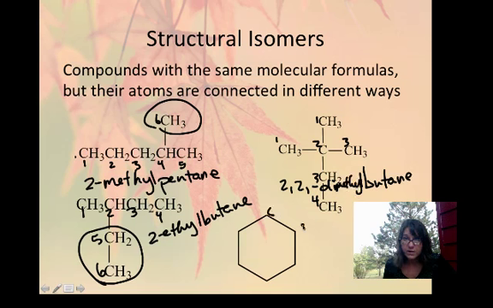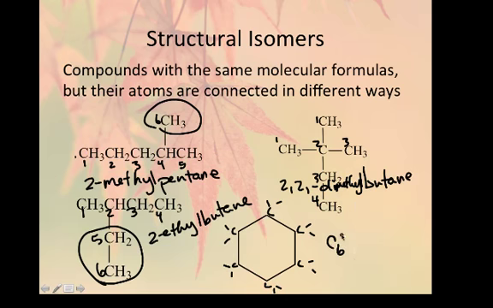How about this guy? 1, 2, 3, 4, 5, 6 carbons. But since I'm bonded to all other carbons, I have 2 hydrogens on each. So this won't have exactly the same formula. I have 6 carbons, but for every carbon, only 2 hydrogens, not the normal 2n plus 2 that we saw with the alkanes.